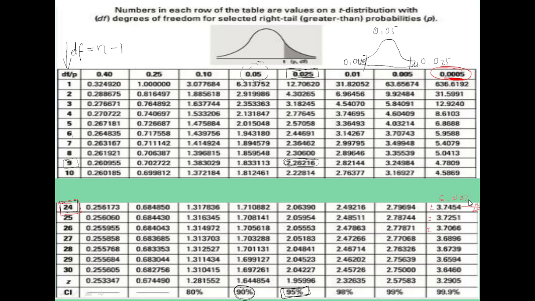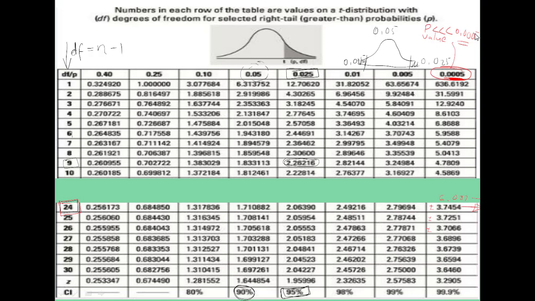That means it's way off the chart this way, which means that if we are using the p-value method, our p-value is going to be way less than 0.0005.